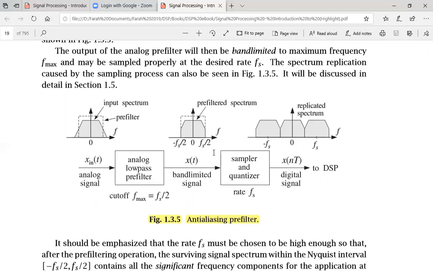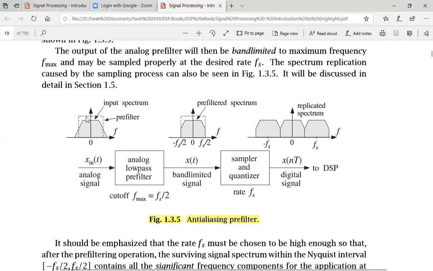Then this band limited signal is fed into a sampler and quantizer. In the sampler and quantizer, you see the replication of this spectrum. It means the input spectrum, that is this pre-filtered spectrum, would be replicated after every fs. In the previous example, we observed that your input signal was just a single sinusoidal function, and that's why you had a single line spectrum that was replicated after every fs.